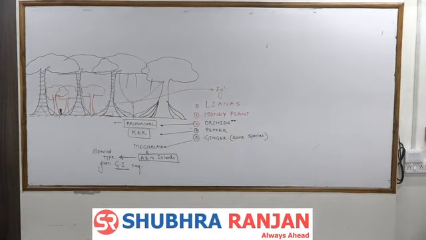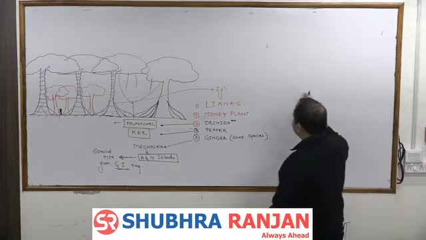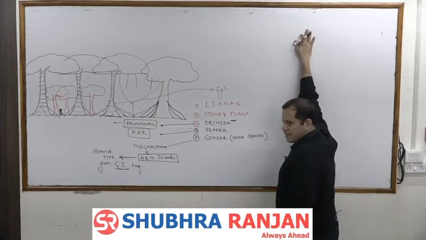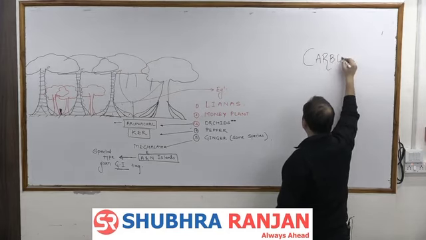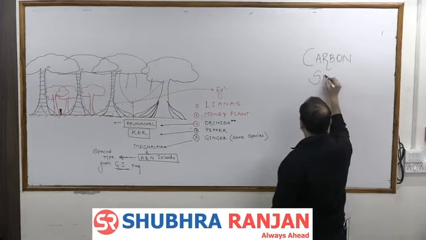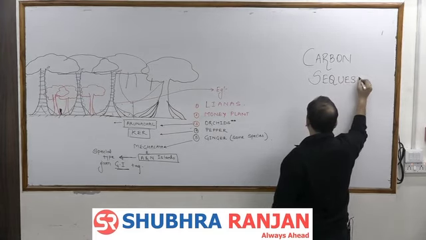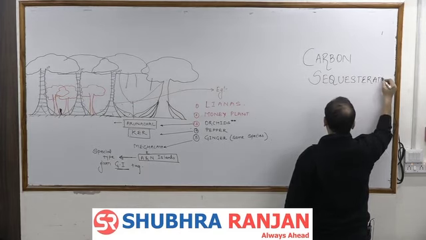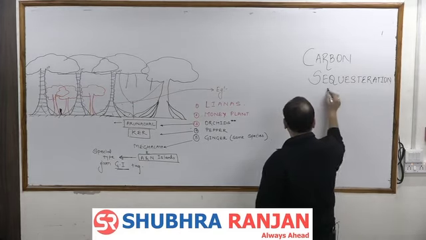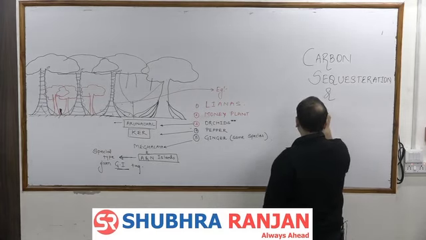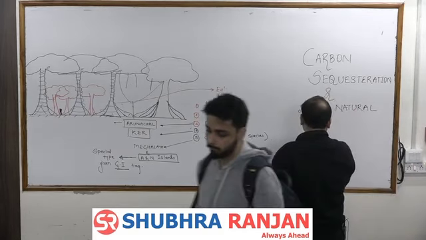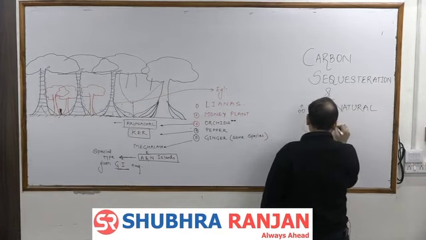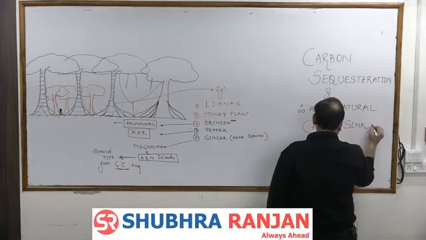But tropical evergreen forest is the biggest natural source of carbon sequestration, and therefore is an example of a natural carbon sink.